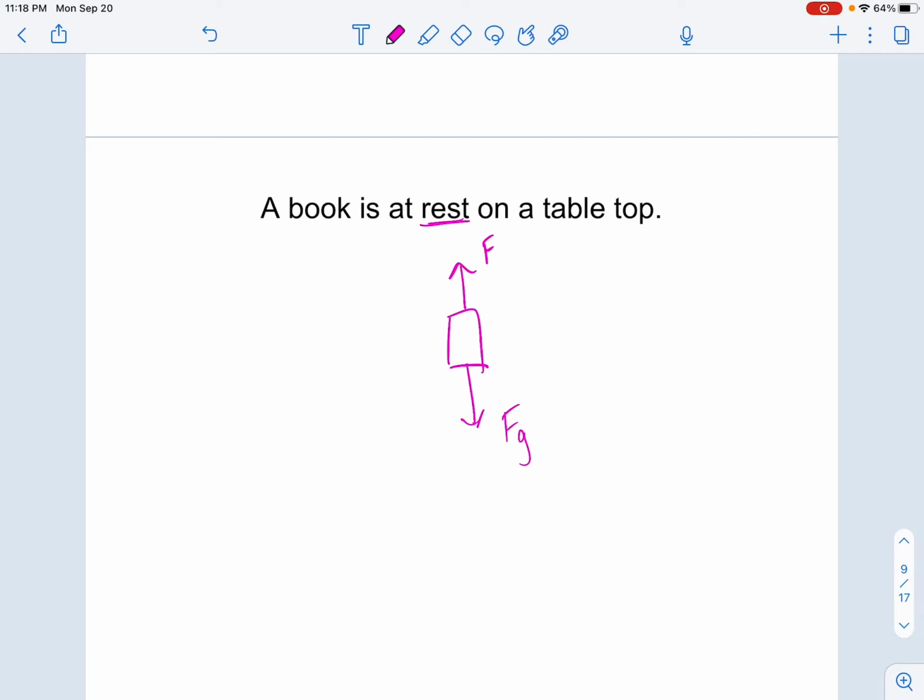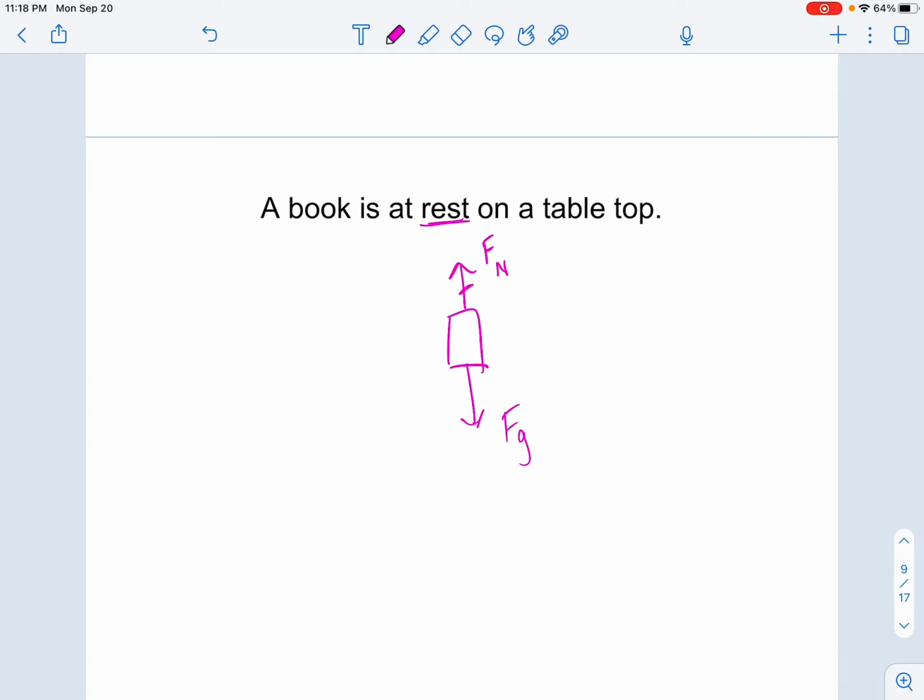Again, if we think about real life, we know that the book would fall because of gravity, but if it's resting on the table, well, that's because there is a force because of the contact with the table. And so that's what we are going to label as our normal force.